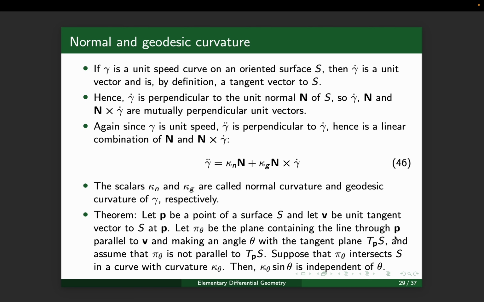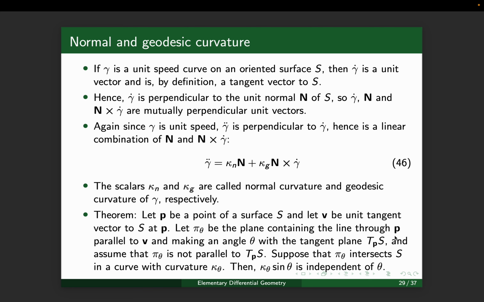So there is a theorem regarding this. Let P be a point on the surface S, and v be the unit tangent vector to the surface S at the point P. Let pi theta be the plane containing the line passing through P parallel to v, making an angle theta with the tangent plane of the surface.